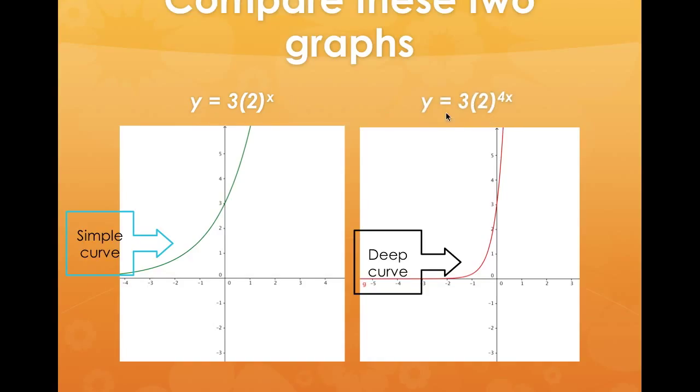This one, however, we add a 4 in front of the x. So our x is being multiplied by 4. That's why all of a sudden it goes, and then shoots up because our x is getting 4 times the size. So it's going 4 times faster than if our x was just simply 1.